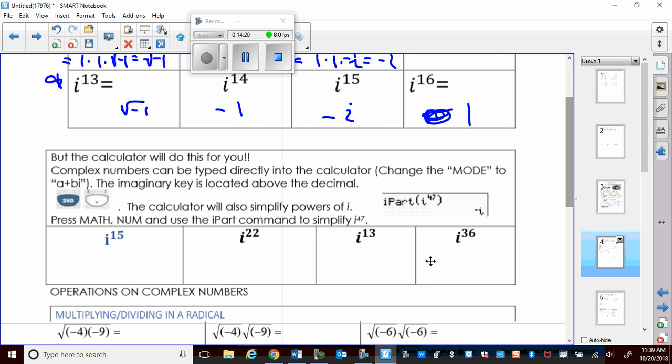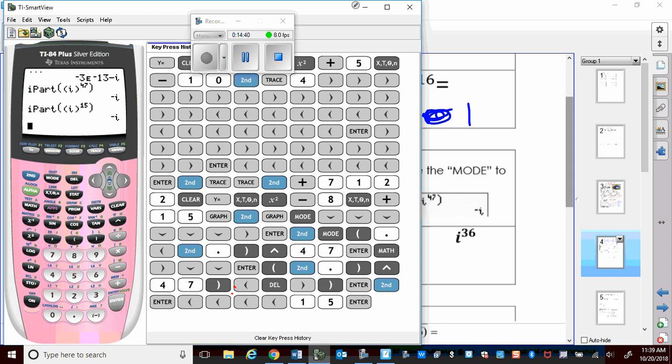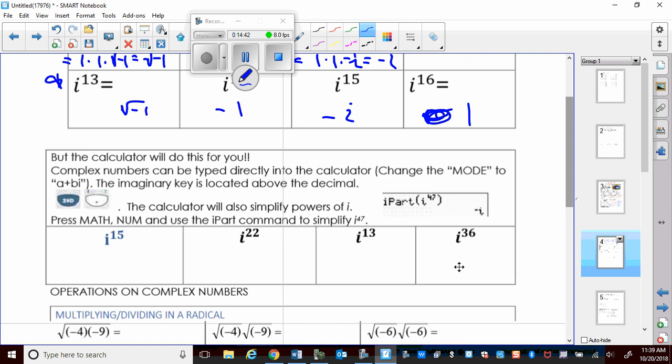Okay? So going through, you should be able to get the answers for these next 4. So following through those steps again, i to the 15th, I'm going to press second enter and just change my exponents to 15, and I get negative i.